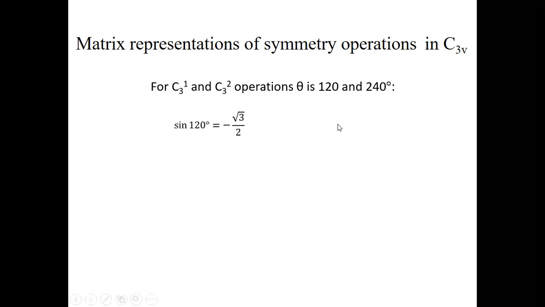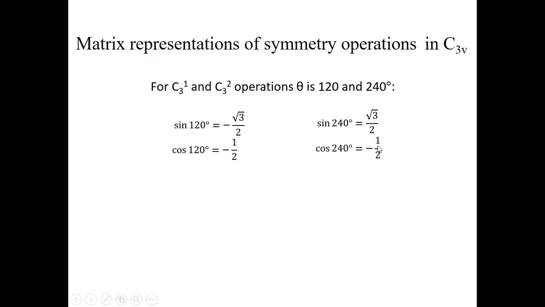The sinus theta of 120 degrees is the square root of 3/2. The sinus of 240 degrees is minus the square root of 3/2. The cosinus of 120 degrees is minus 1/2, and the cosinus of 240 degrees is also minus 1/2.